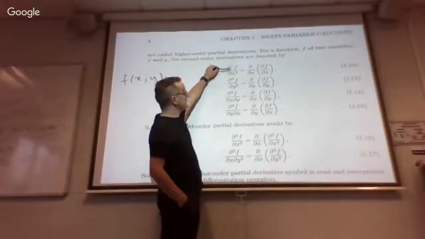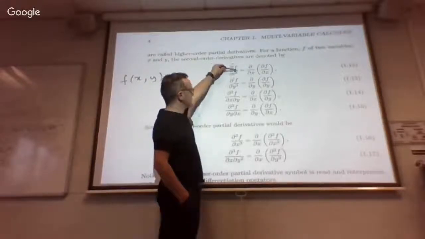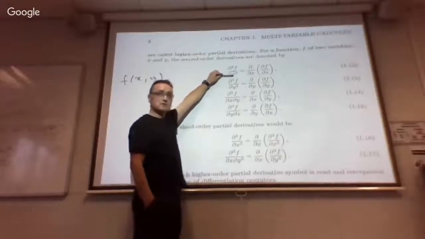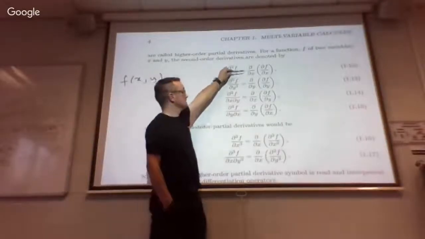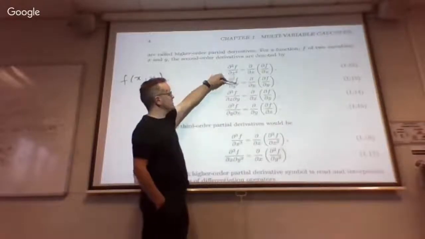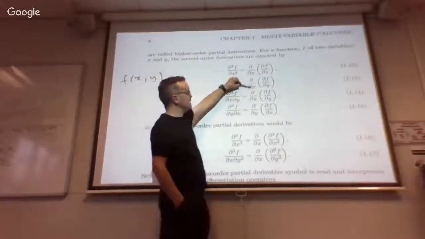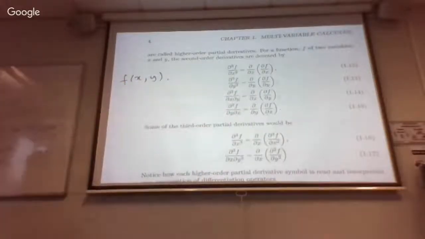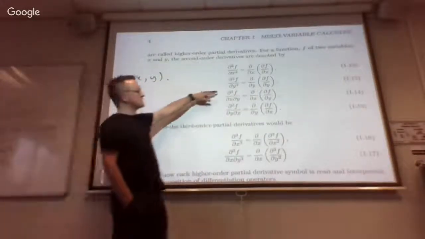So you would read this as d squared f dx squared for the second-order partial derivative of f with respect to x both times. So it's d/dx of df/dx. Similarly, d2f/dy squared is d/dy of df/dy. And then you've got the two mixed second order ones.